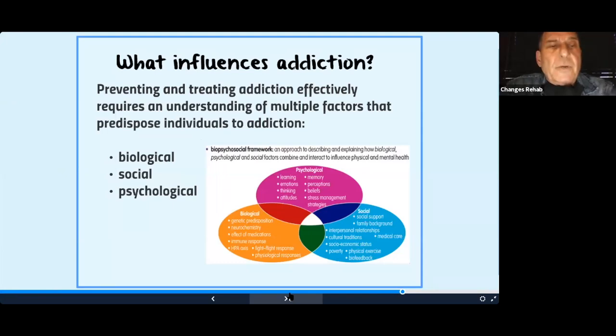So if we look at what influences addiction, preventing and treating addiction effectively requires an understanding of multiple factors that predispose the individual to addiction. And that we call the biological, social, and psychological factors. It's called the biopsychosocial framework.